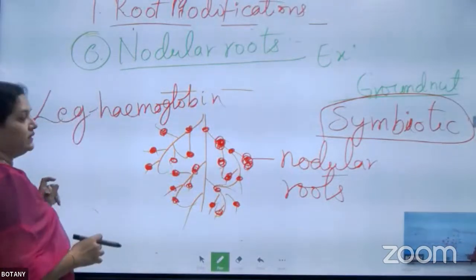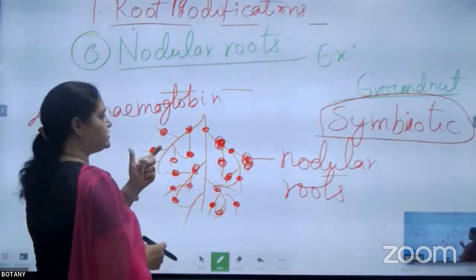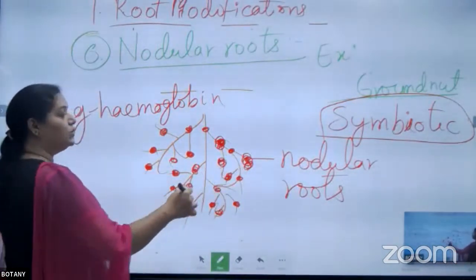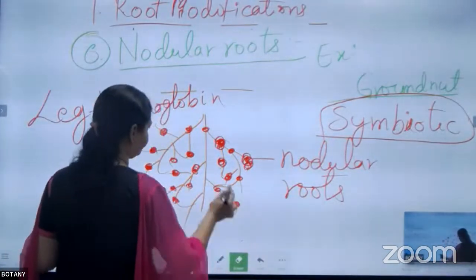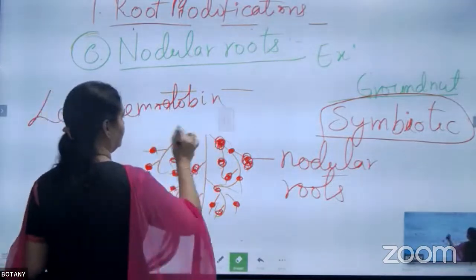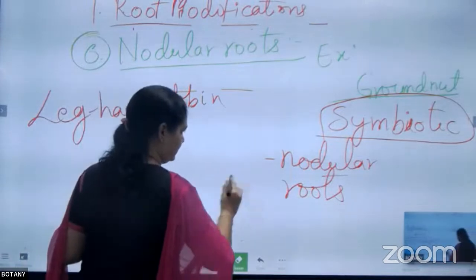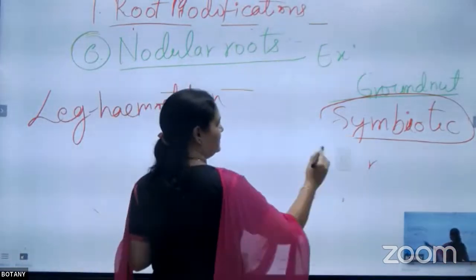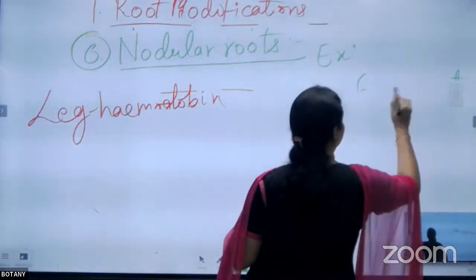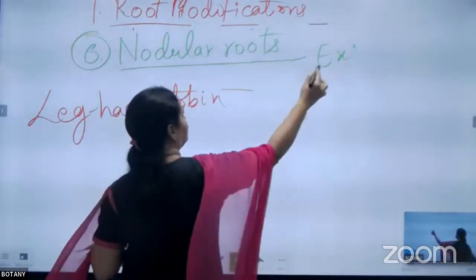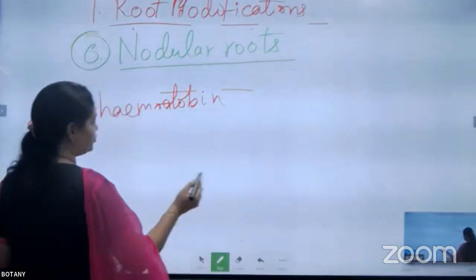Leghemoglobin. This is the pigment present in the root nodules, which gives the red color to the root nodules itself. And these Rhizobium bacteria will absorb the atmospheric nitrogen and convert it into ammonia and store it in the root nodules.